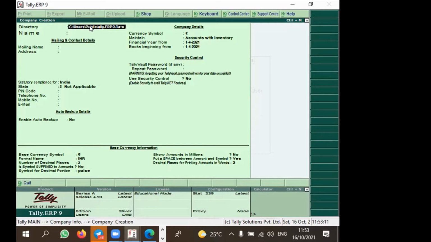For example, Sharifa. Like this, Sharifa. That is one way. Then you enter.